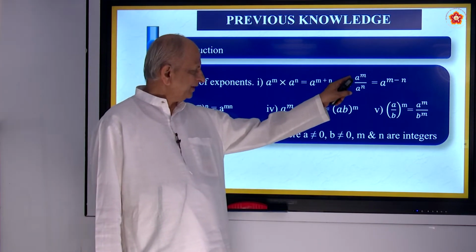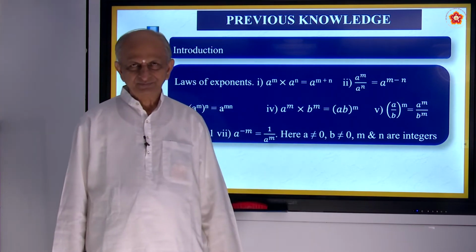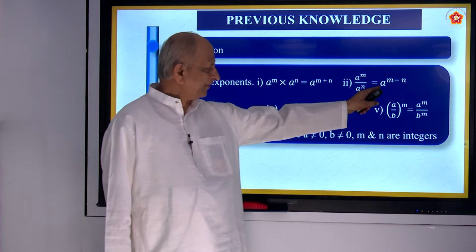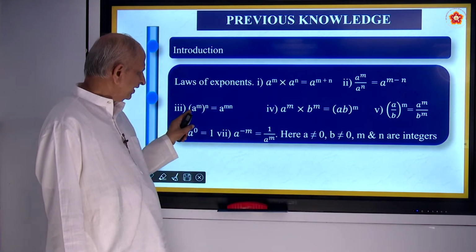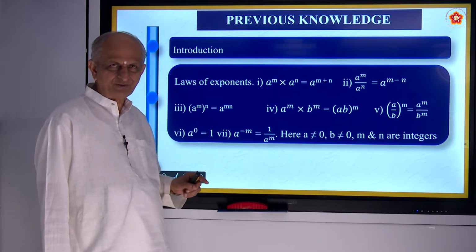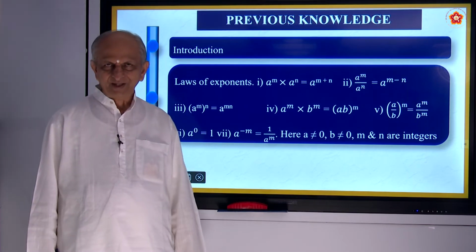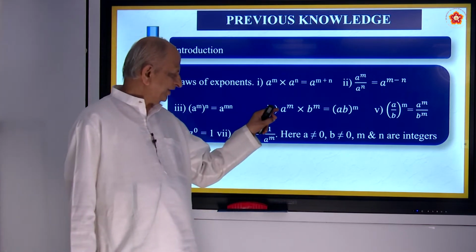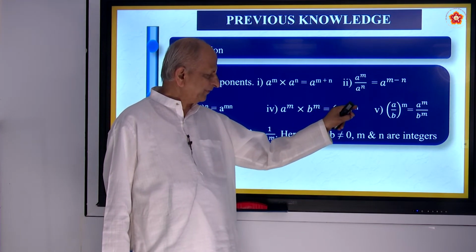Second law, a to the power of m by a to the power of n is equal to a to the power of m minus n. Third, a to the power of m to the power of n is equal to a to the power of mn. Are you telling? A to the power of m into b to the power of m is equal to ab to the power of m.